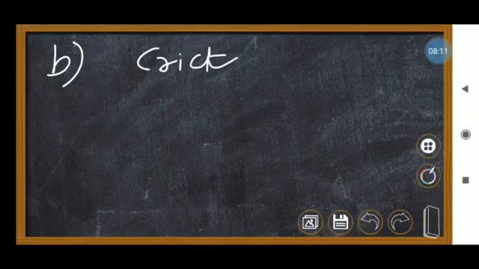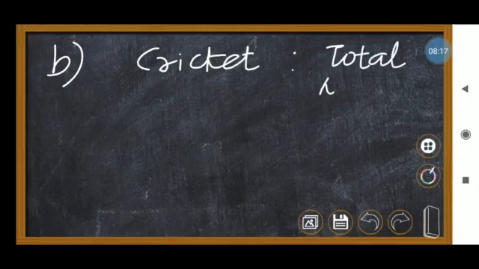For B, they asked the number of students liking cricket to the total number of students. Okay, so first we have to write cricket to total number of students, the ratio of cricket to total number of students.